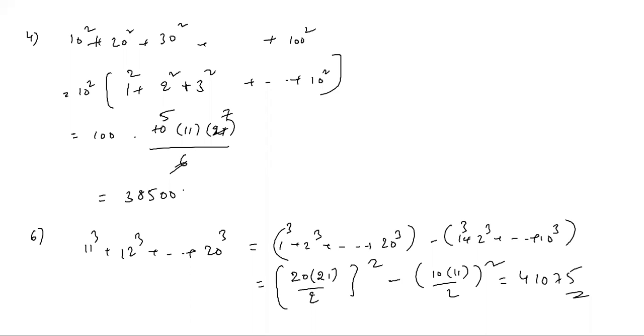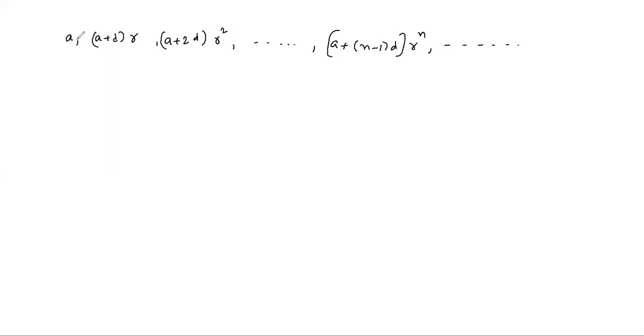Next, AGP series. Actually, AGP series, like AP, GP and HP, it is not easy to remember the formula. So always remember the process only, because in general we take the first term as A, second term is A plus D into R, A plus 2D into R square, and so on, A plus n minus 1 into D into R power n minus 1.